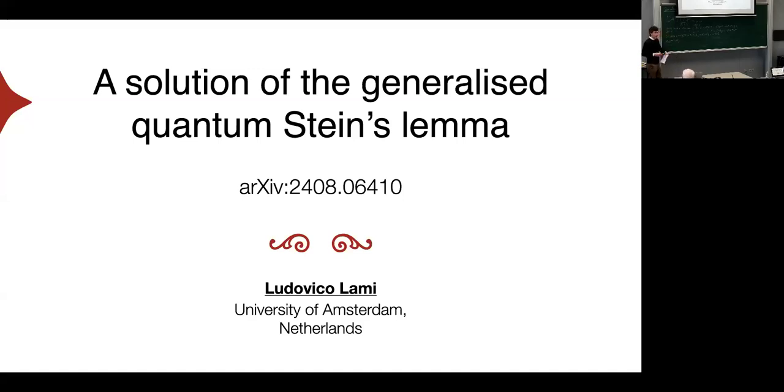Because you have many trials, and it's increasingly less likely, in an exponential way, that a state like sigma can pass itself off as rho, can fool you and make you believe that it's rho. So we believe that this will decay exponentially, like exp of minus c n. So the task now is to compute c.